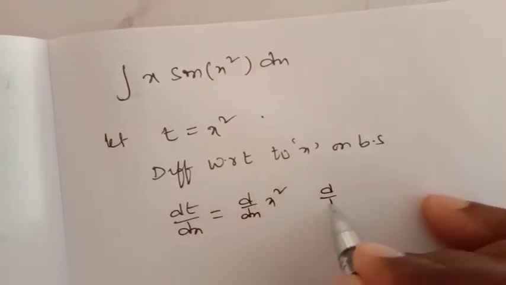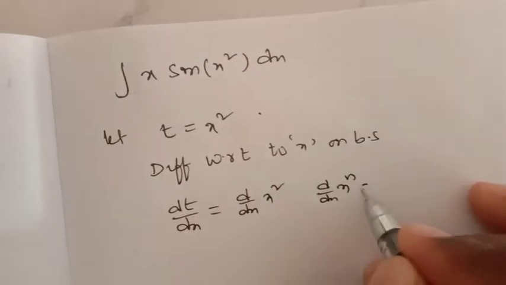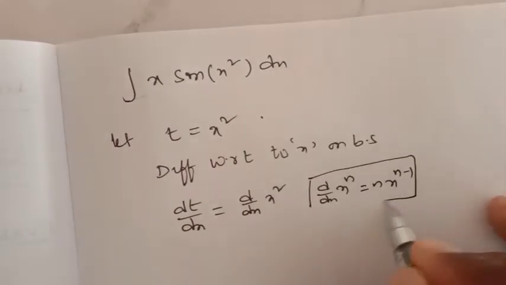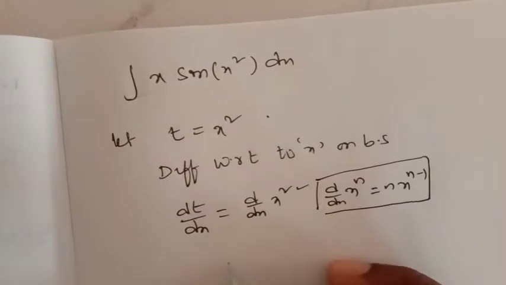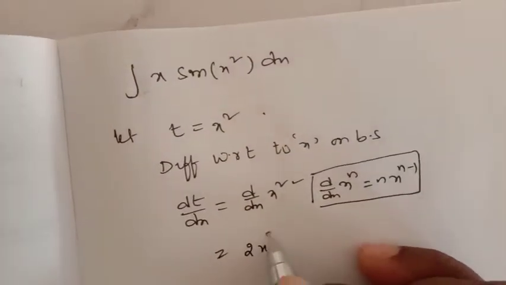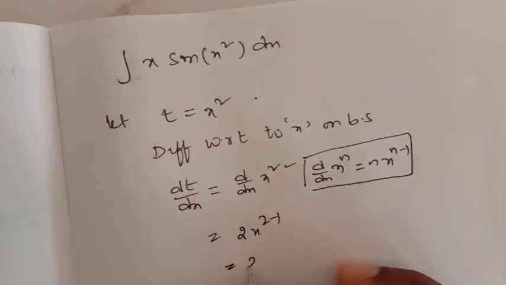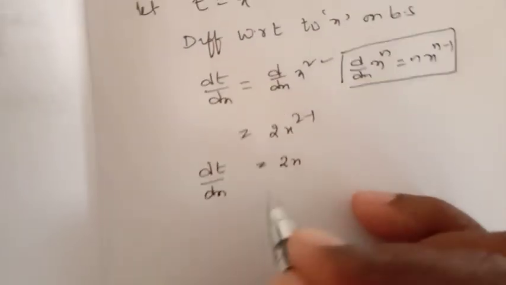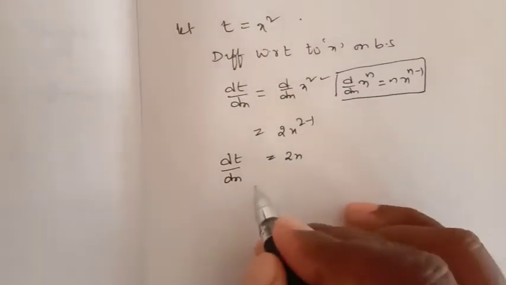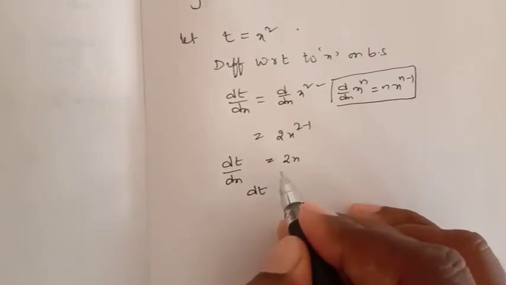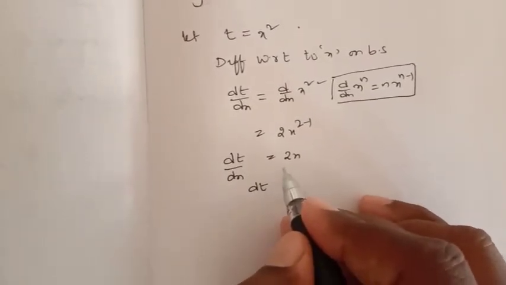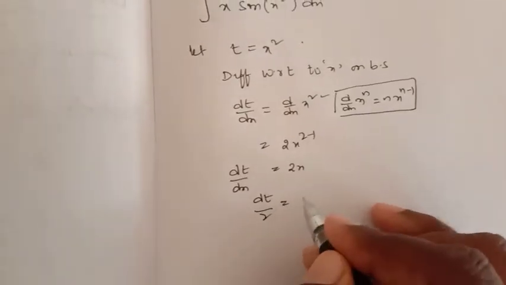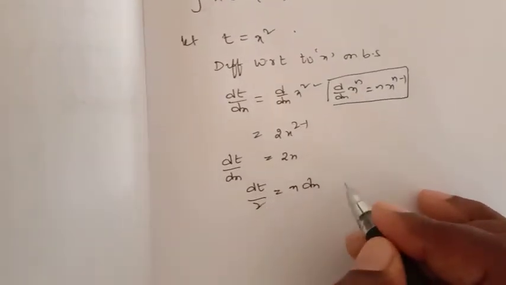Here we have the formula d by dx of x to the power of n equal to n into x to the power of n minus 1. Here n equal to 2, that equal to 2 into x to the power of 2 minus 1, that is 2x. Here dt by dx equal to 2x, then dt by 2 equal to x dx.